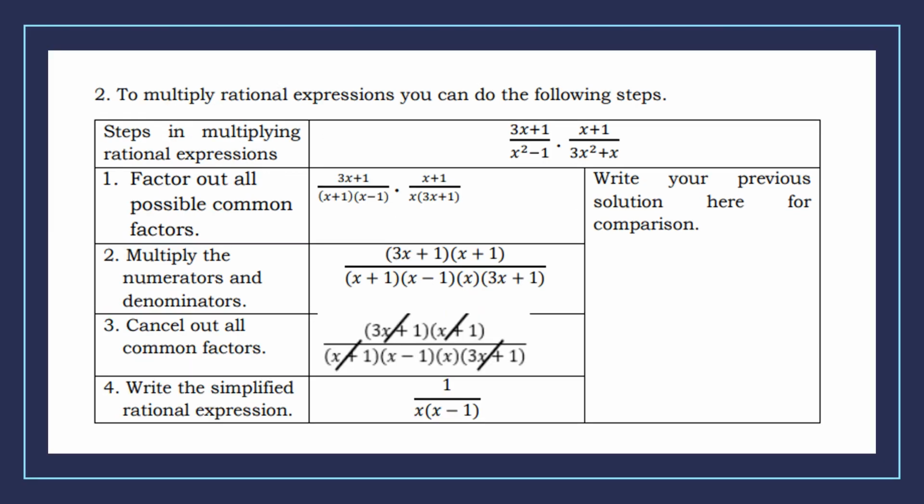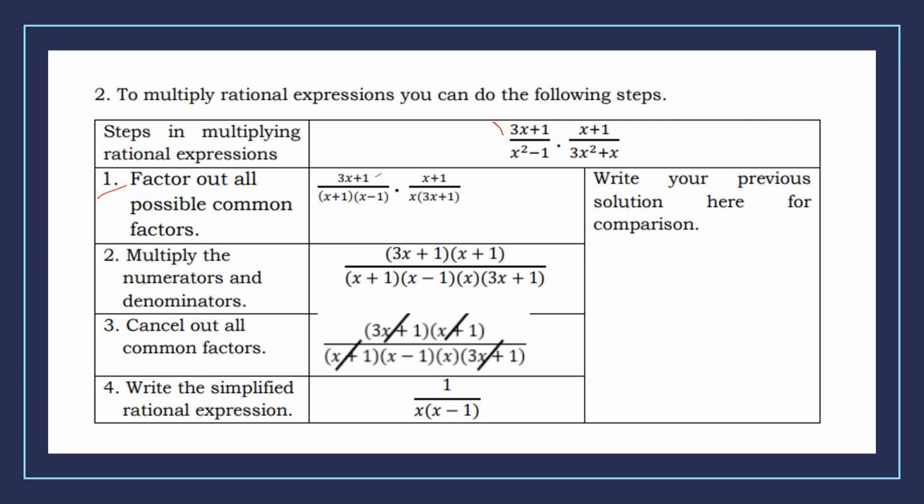For number 2, to multiply rational expressions, you can do the following steps. Again, the given is 3x plus 1 all over x squared minus 1 times x plus 1 all over 3x squared plus x. First is to factor out all possible common factors. The numerator is not factorable, so we will just write it.